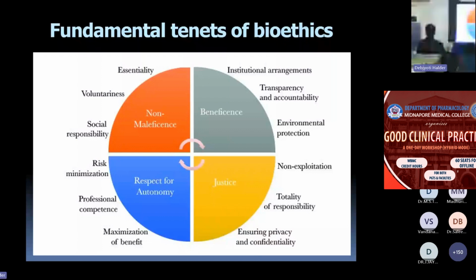Respect for dignity is confidentiality, respecting the confidentiality of the participants. So these four fundamental tenets, beneficence, justice, autonomy, non-maleficence, ICMR guidelines begin by explaining what is meant by these terms and how they get reflected in the research elements. Okay.